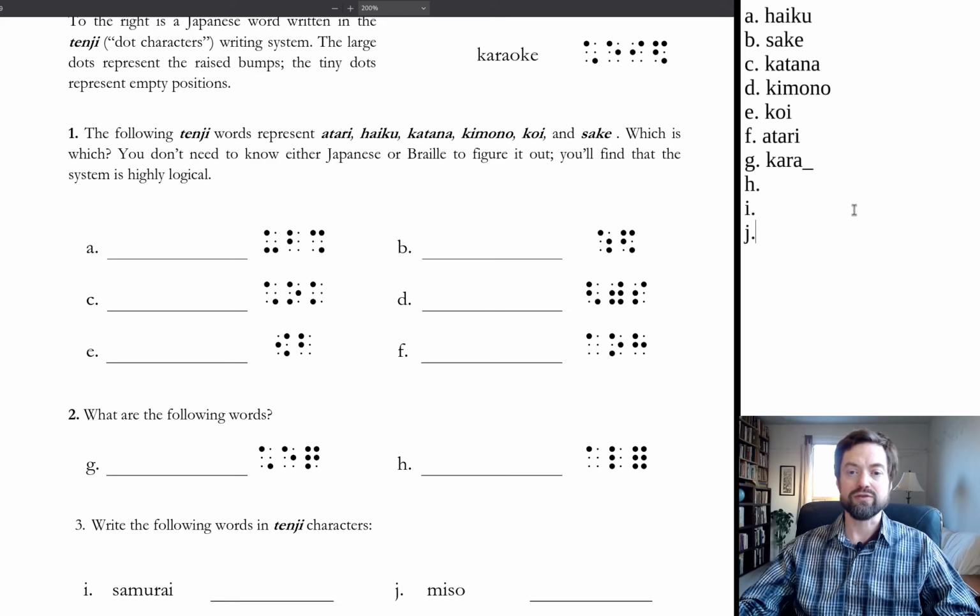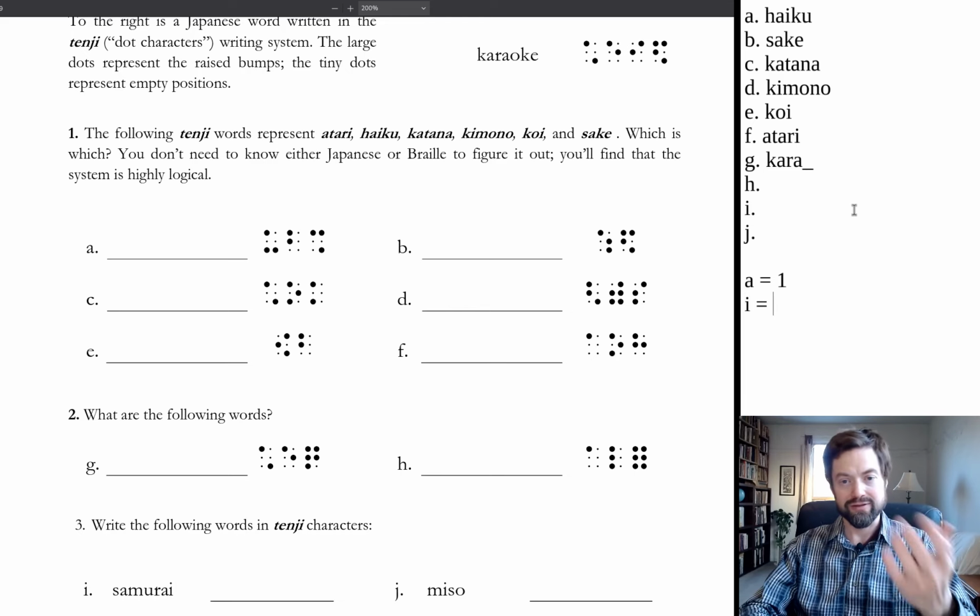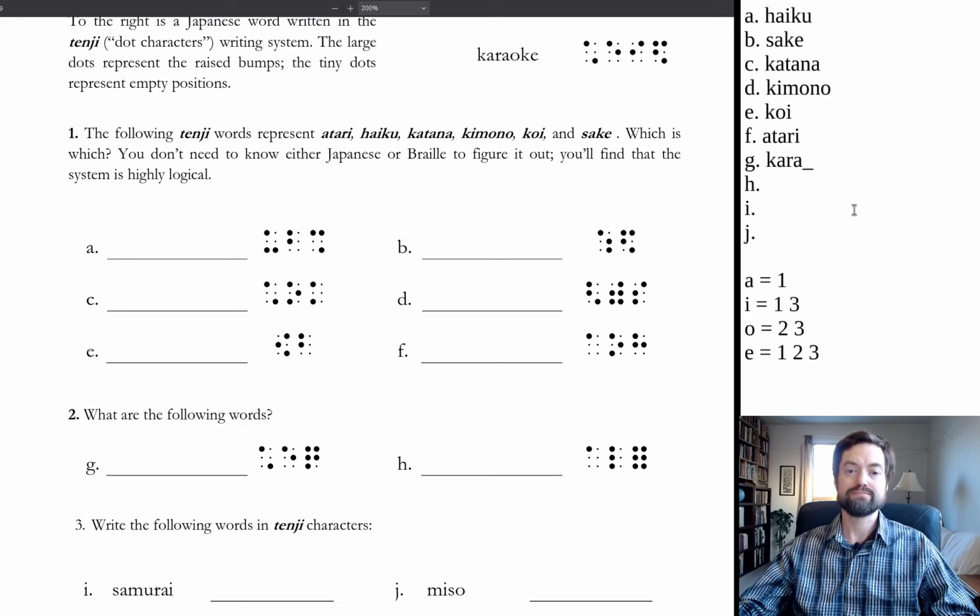So for these vowels, A is 1, and then the E gets 1 and 3, and the O that we see in karaoke gets 2 and 3, and the A, as we see in karaoke, gets 1, 2, 3. Okay, that's pretty good. And then that only leaves U. The last vowel to fill in would be the U, and we see that in haiku, and that gets 1 and 2. So yes, this covers the 5 vowels of Japanese.